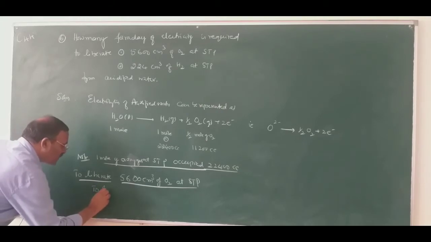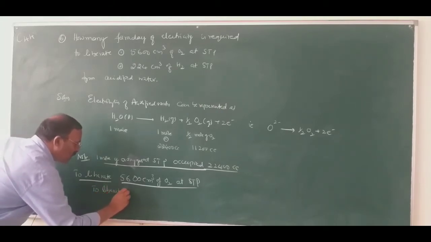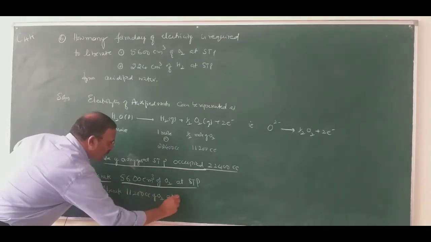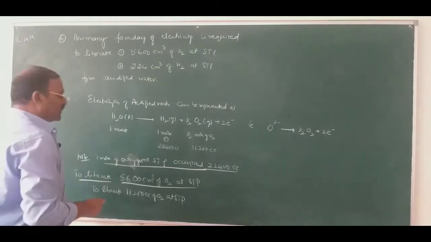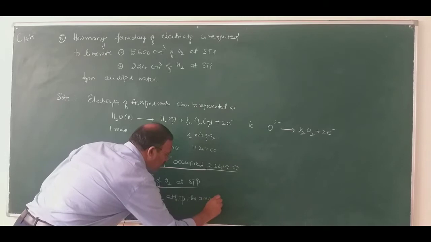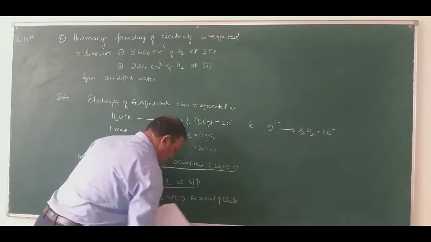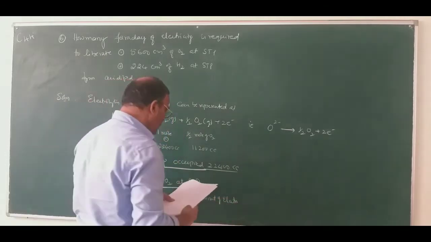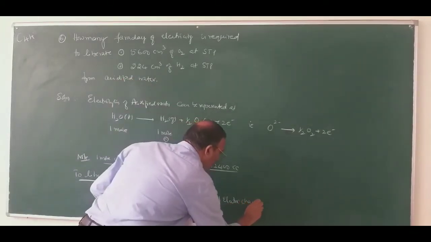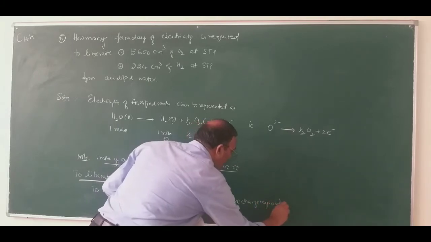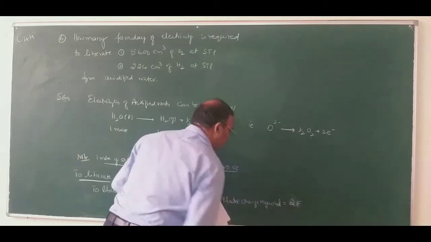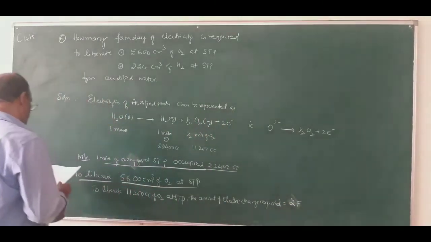To liberate 11,200 cc of oxygen at STP, the amount of electric charge required equals 2 Faraday.